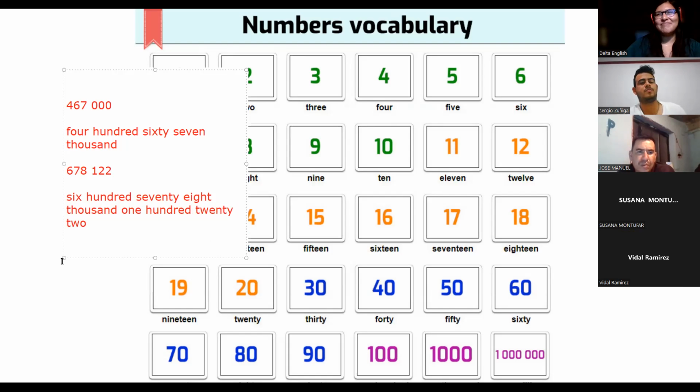There you go. Y ese número está bien difícil y ya me lo saben decir perfectamente, porque lo único que tengo que hacer es ir combinando. Ya que tengo los básicos de el 100, el 1,000, del 1 al 100, ya acabé.